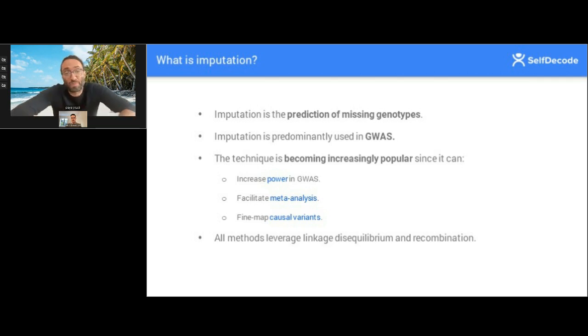And simply put, the entire reason why this is even possible, and what all methods currently leverage, is linkage disequilibrium and recombination. Simply put, the DNA you inherit comes in chunks from your mom and dad, who inherited in chunks from their mom and dad, and so on back in evolutionary timescales.